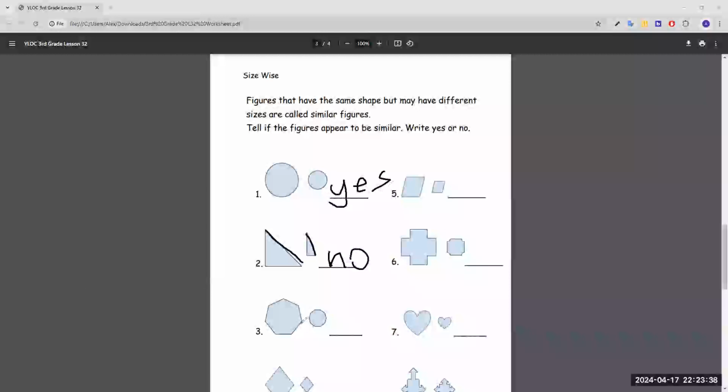And number three, let's count all the sides. 1, 2, 3, 4, 5, 6, 7. 1, 2, 3, 4, 5, 6. Oh wait. 1, 2, 3, 4, 5, 6, 7, 8. Okay, so the number of sides on the two figures don't match up, so they're not similar.